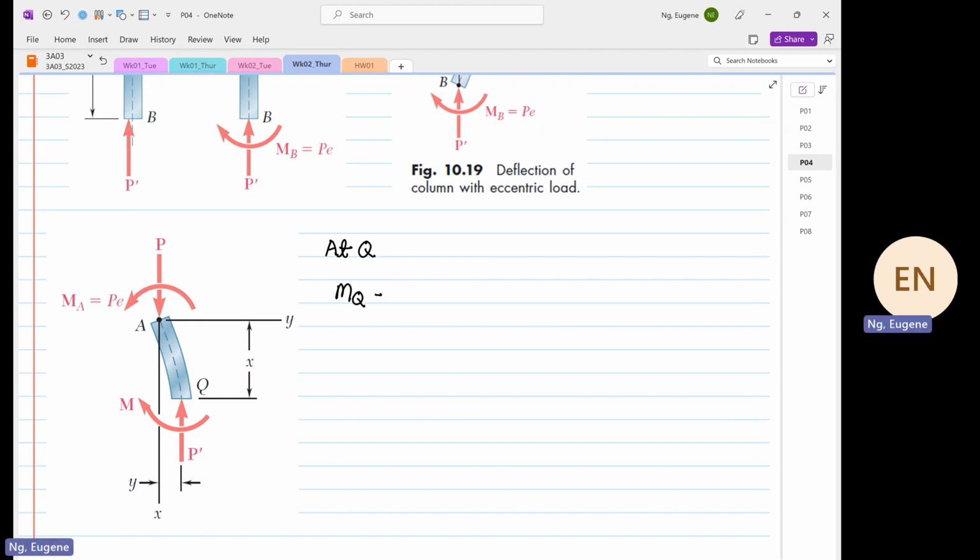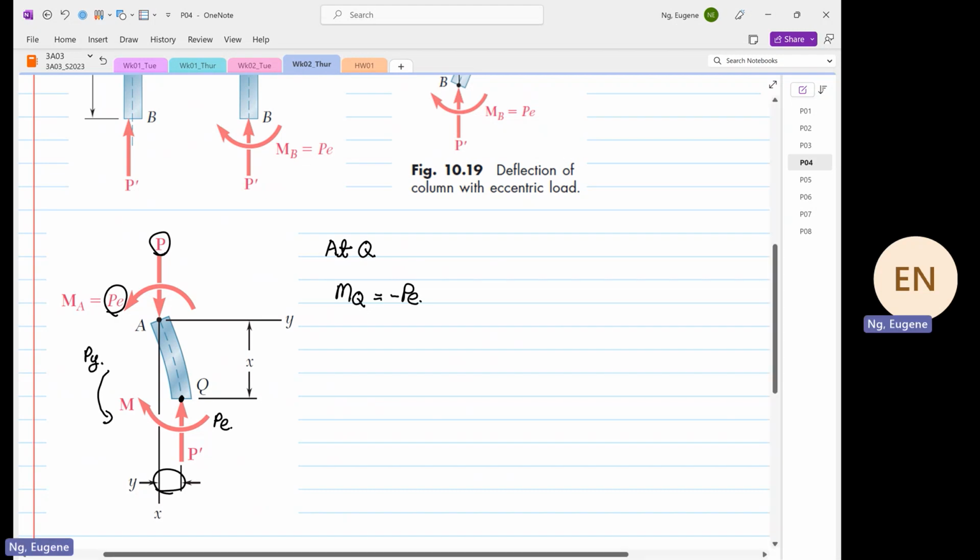Moment at point Q is equal to PE, and this is our counter moment. The counter moment is going clockwise, so minus PE. However, we have another moment, generated by P multiplied by a perpendicular distance Y, another rotation in a counterclockwise direction, so minus PY.